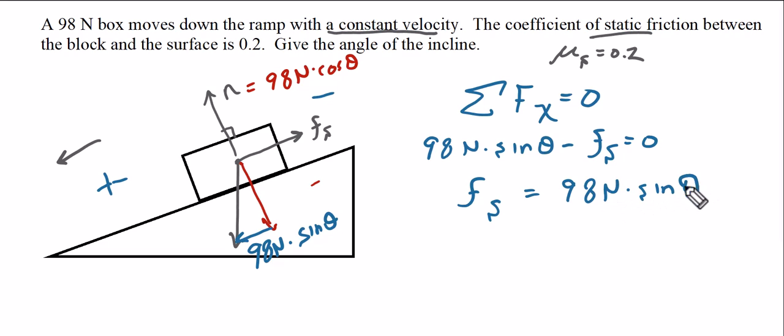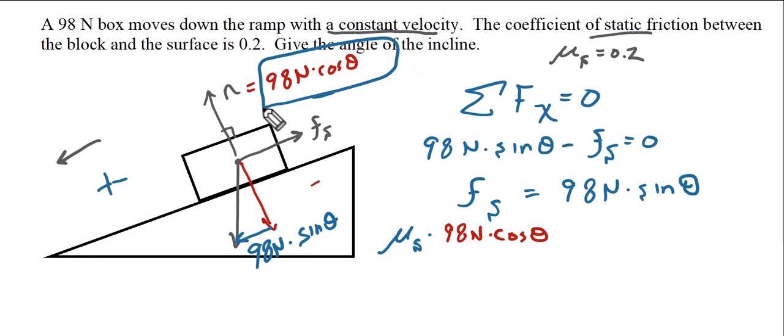we get this. However, we know that the static friction by definition is mu s times the normal. The normal, though, was defined to be 98 newtons times cosine theta. And mu s has been given, it's 0.2.